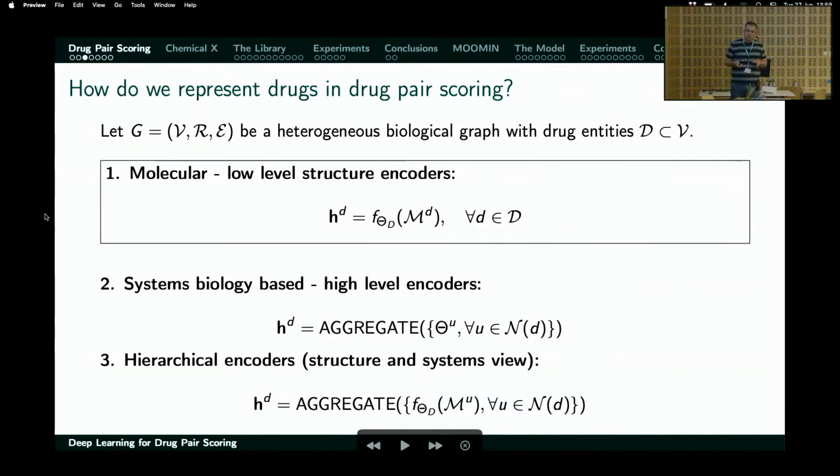And then there is a third approach, and one of the things that we will discuss today belongs to this category, which is hierarchical encoders, where each of the nodes has a representation that is output by a neural network parameterized by the parameters of a drug encoder, a molecular level encoder, and you are doing message passing with that.